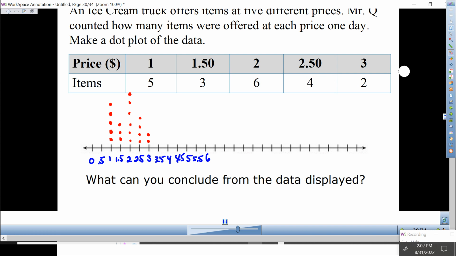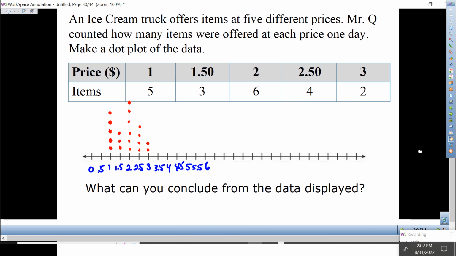There you go. All right, so what can you conclude from that data? What can you conclude from that data? All right?